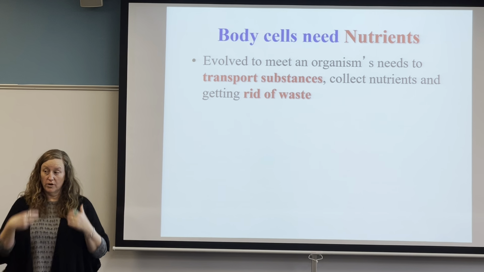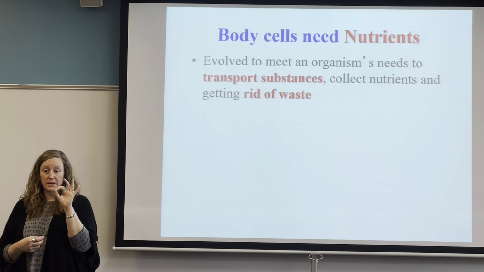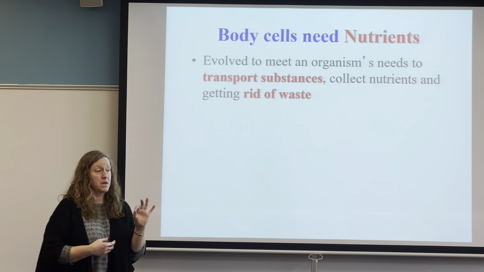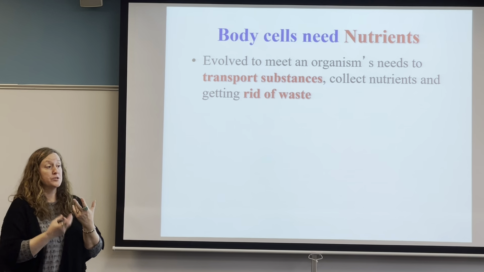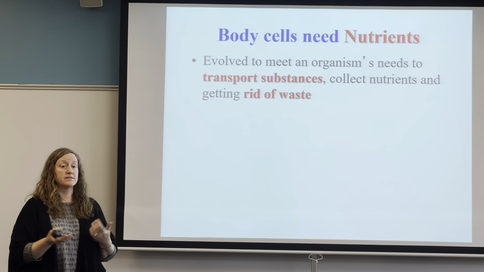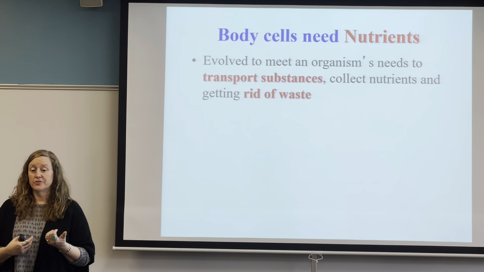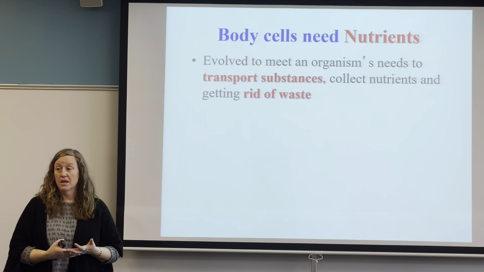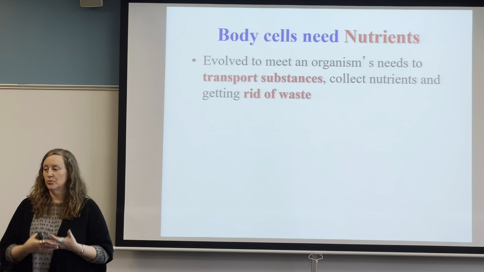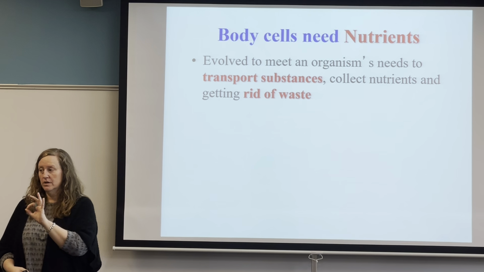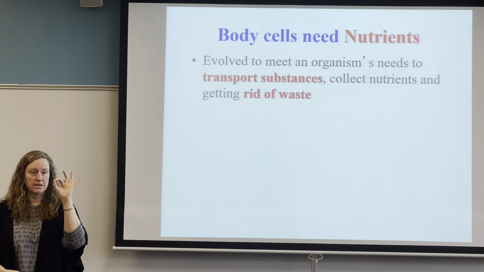And a lot of what our overall systems are doing is happening at the microscopic level of the cells. They are making waste products as they break stuff down. They are using the nutrients and the energy that's delivered to have metabolic functions and pathways within them. So there's so much complexity, not only at the whole body system level, but all the way down to the actual cells themselves.